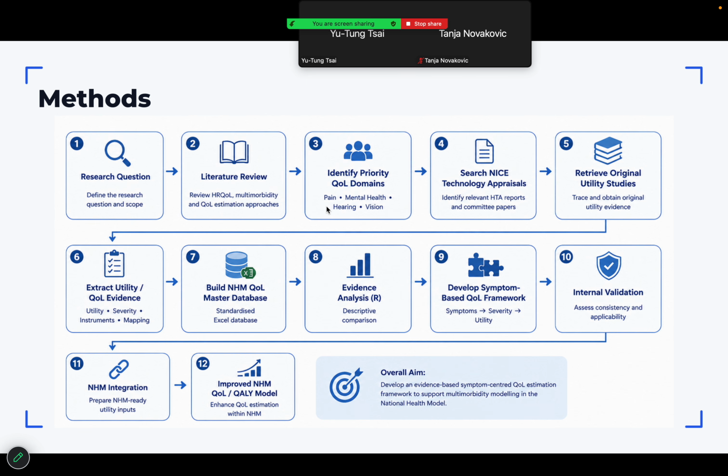I mainly selected the ones I saw most occurring: pain, mental health, hearing, and vision loss. So I narrowed down to those four so far, and then we're doing the data collecting from the documents you provided me. I go through the source and extract the useful utility evidence out of it.